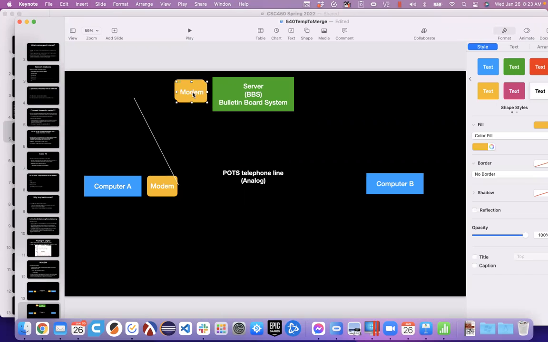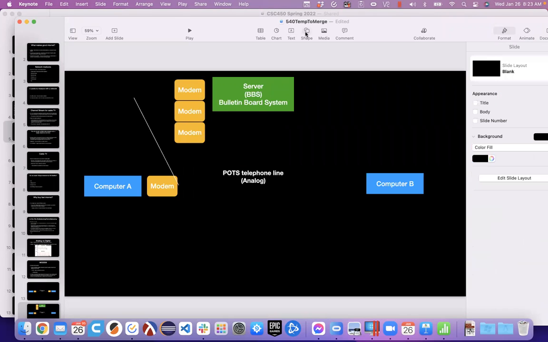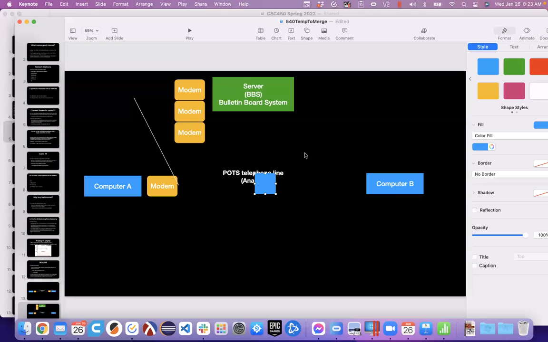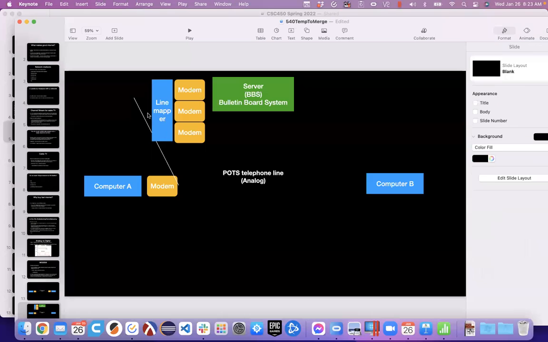So they had a bunch of modems that were all sitting behind the same phone number. I'll call that a line mapper.